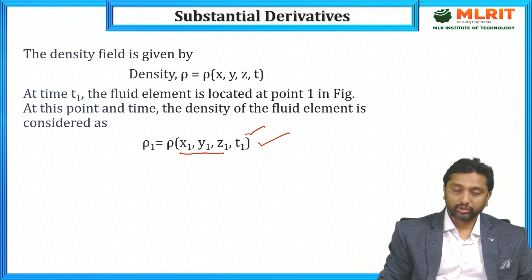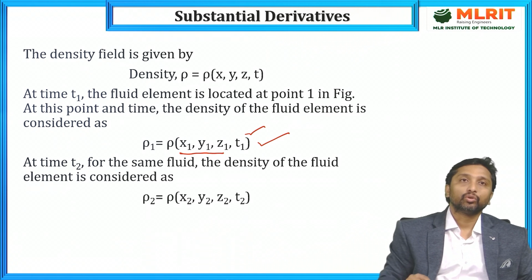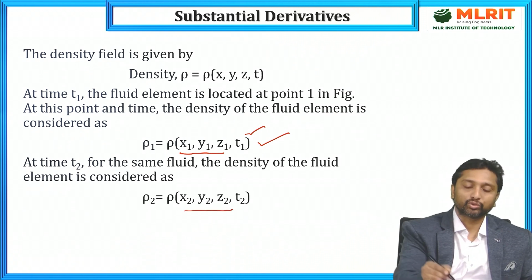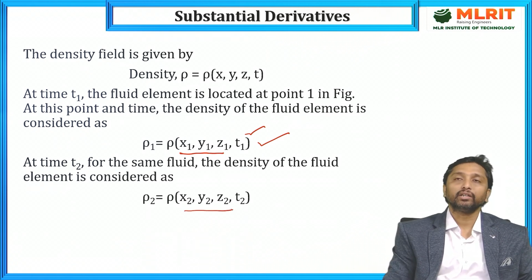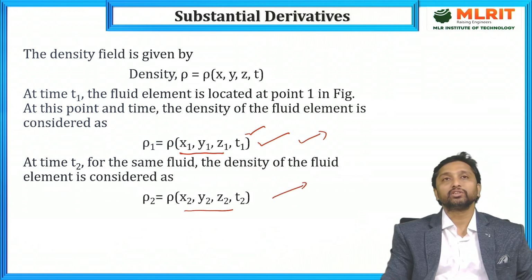Similarly, at time t2 we can consider rho2 as a function of x2, y2 and z2 and time t2. So these two are densities at various instants of time, that is t1 and t2 respectively.